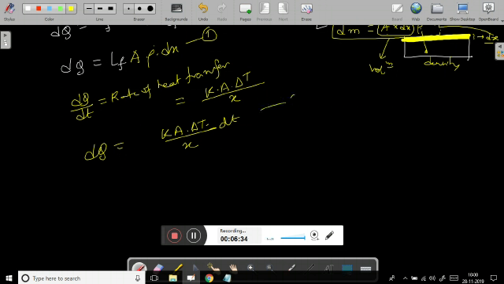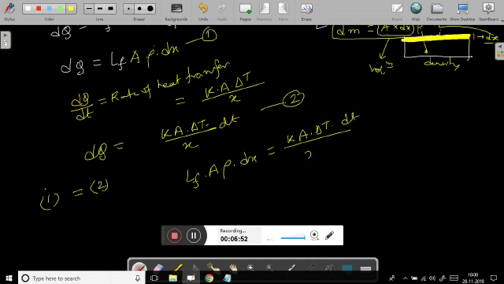Now if we equate equation 1 and equation 2, we can say LF A rho into dx is equal to K into A into delta T into dt divided by x. Now we'll put it in this manner, x into dx is equal to K into A into delta T divided by LF into A into rho, into dt.